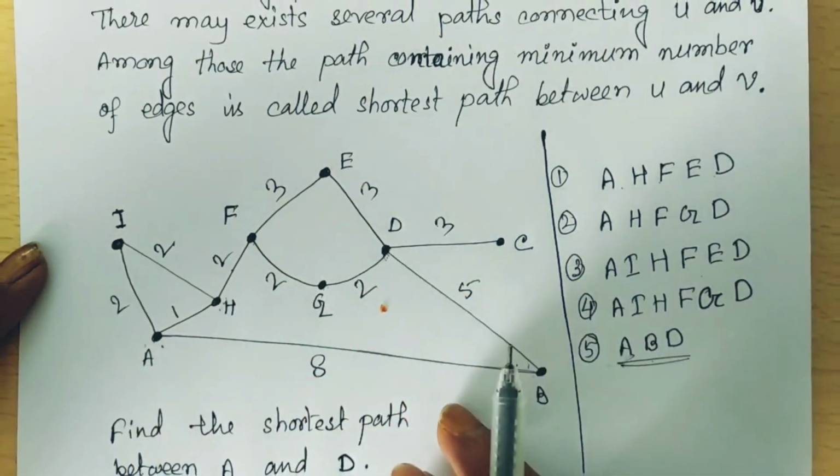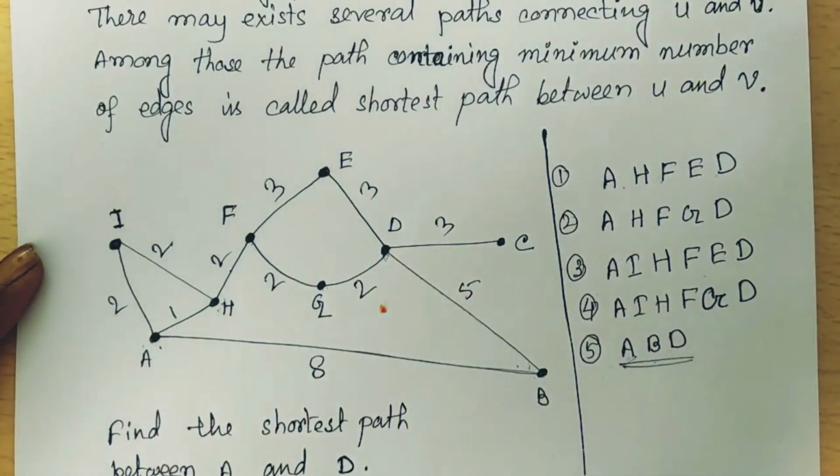After adding all those weights, we will find a specific total weight of the entire path. Among all the possible paths, the path that has the minimum weight is the shortest path.